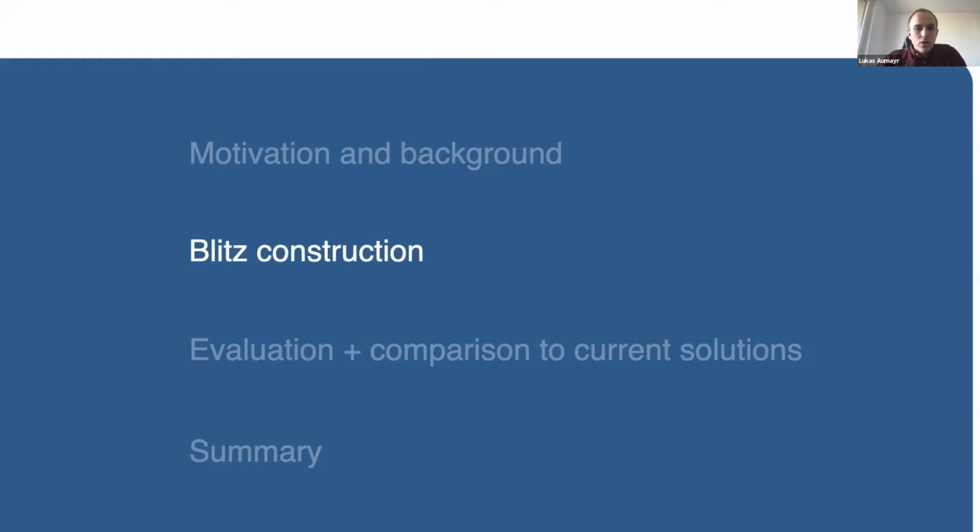So let me now go over the Blitz construction, which achieves all these properties, but also improves on these drawbacks. And the way I will present it is I will start by giving a simple way of doing payments in one round, point out some problems with it, and then incrementally improve it until we arrive at the solution.